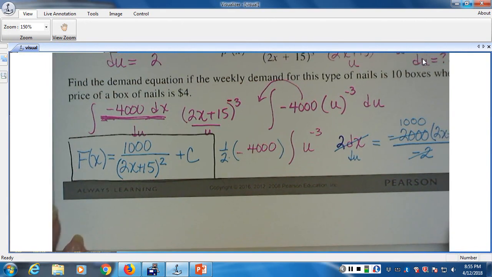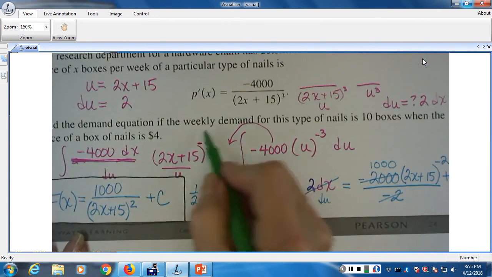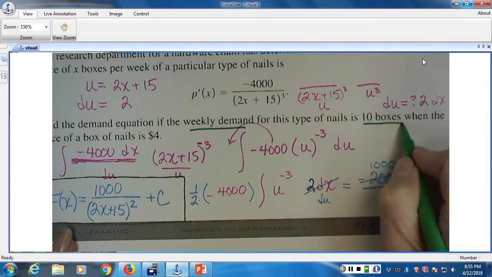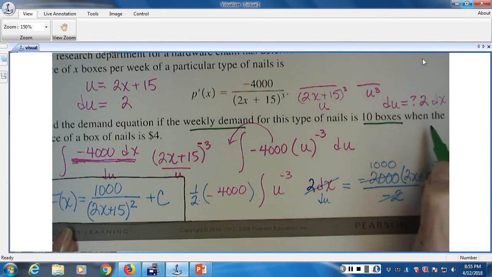Then we've got some more information up here. We've got some information about money. The demand for this type of nails is 10 boxes. X is actually the number of boxes.